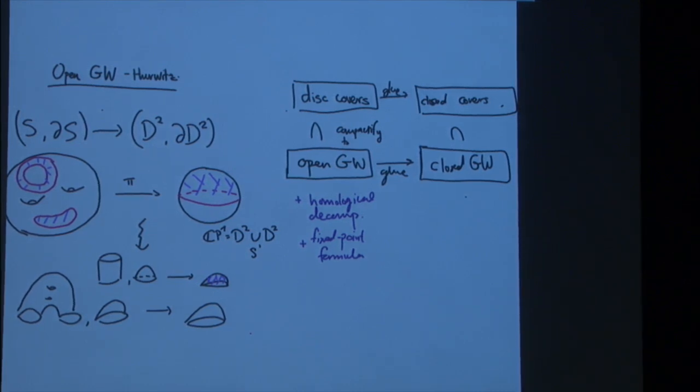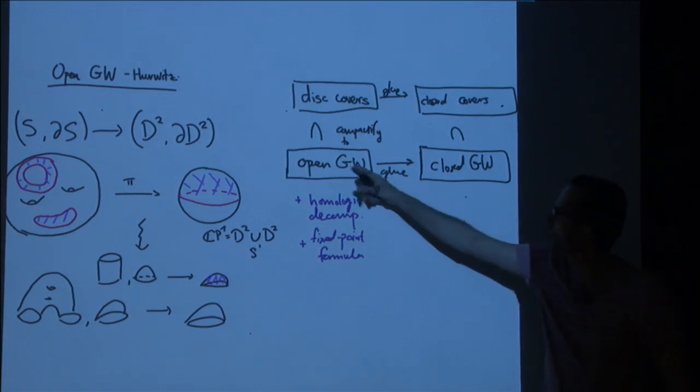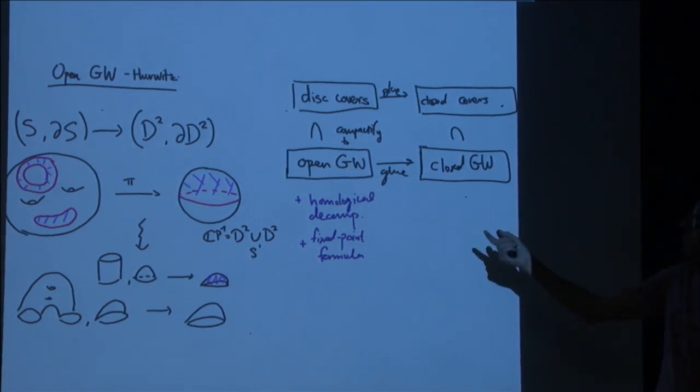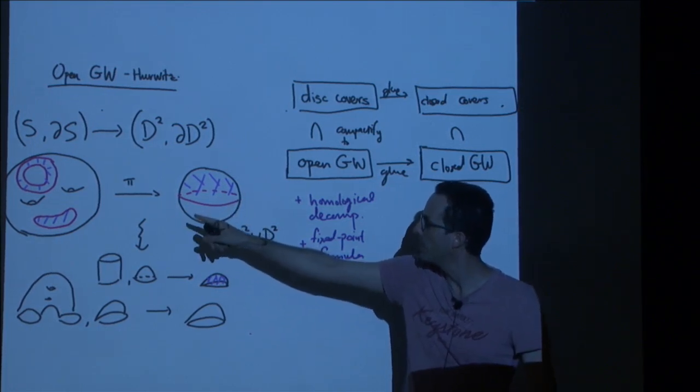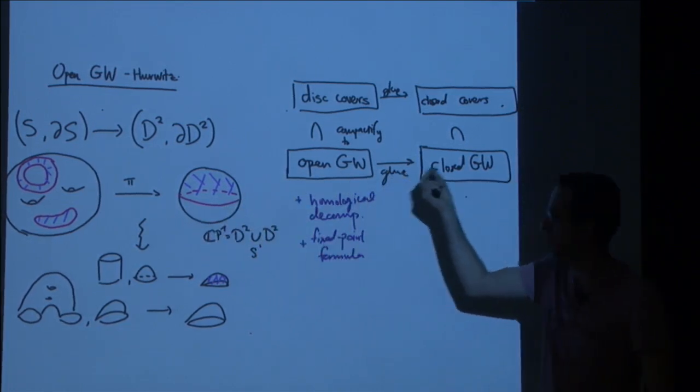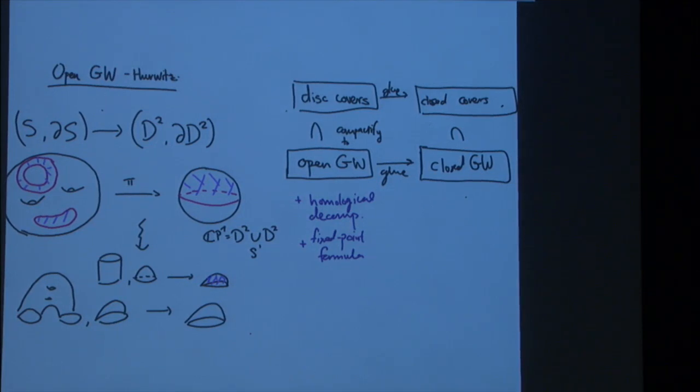These are fairly explicit formulas for computing the open Gromov-Witten invariants. And it's a non-trivial fact that they satisfy this map decomposition property, the same property that the Hurwitz numbers satisfy. So it's really an interesting structure that you get.